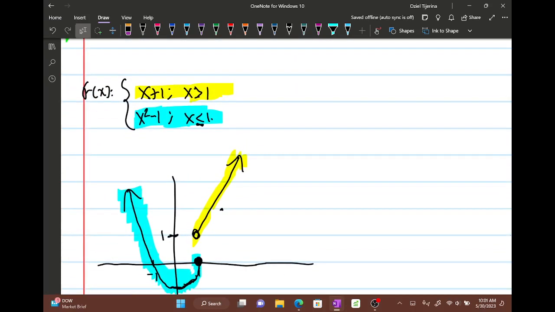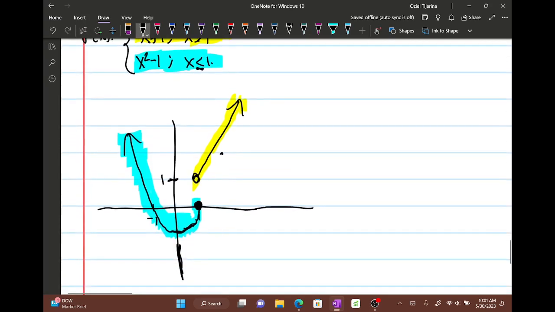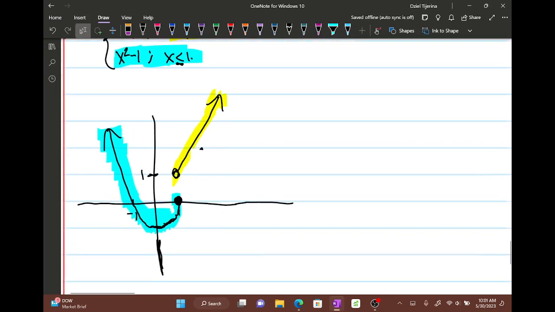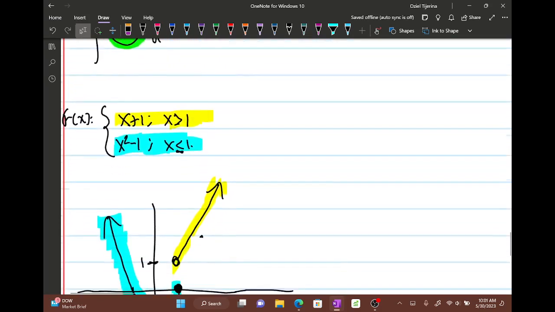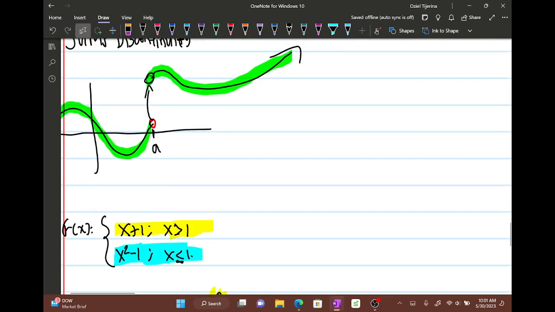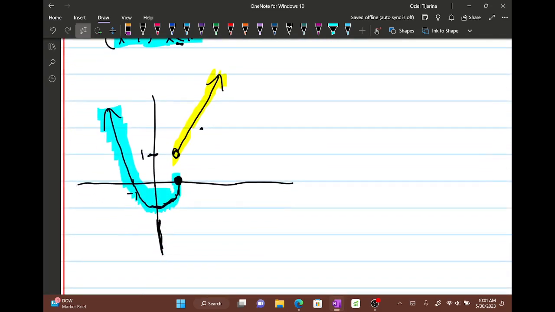So let's say that, for example, we have this piecewise function, and what I want to emphasize here is that yes, this is a piecewise function, but there is obviously a jump discontinuity here. Let's say I do it with my pen here.